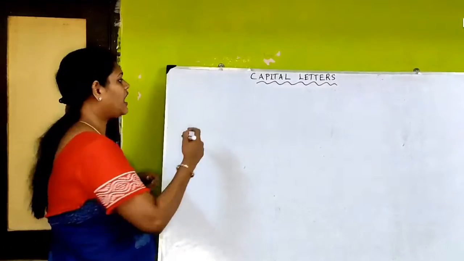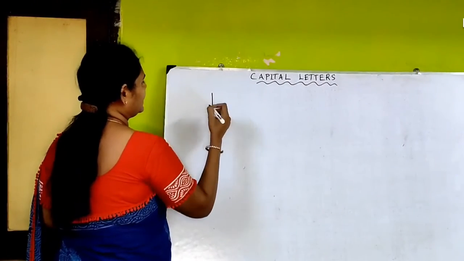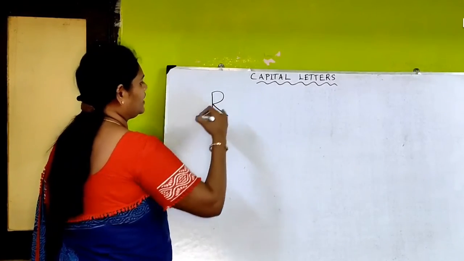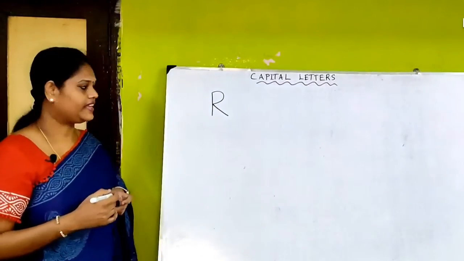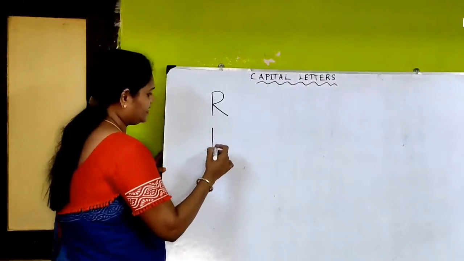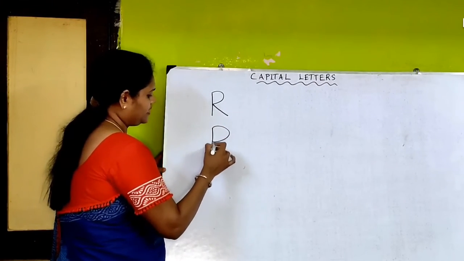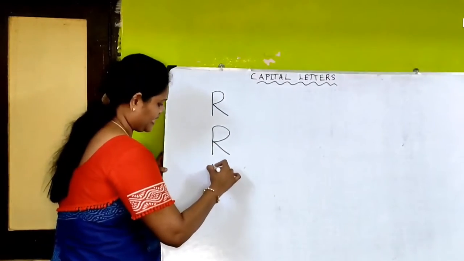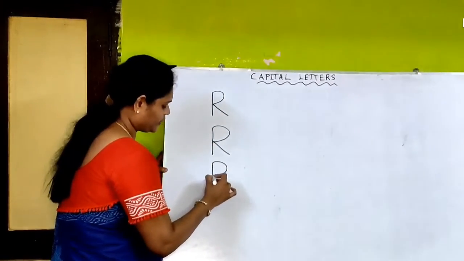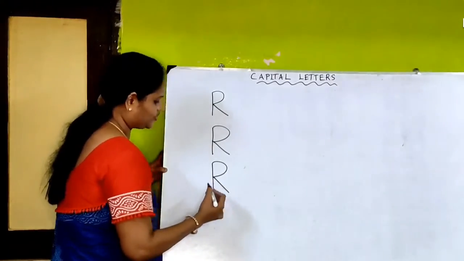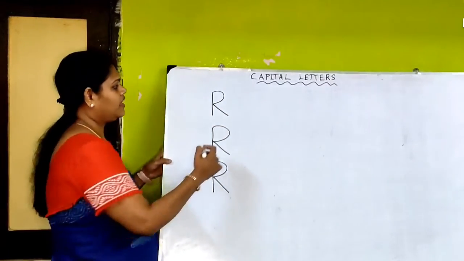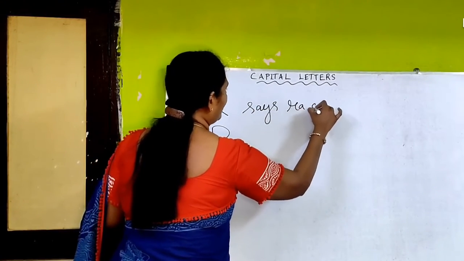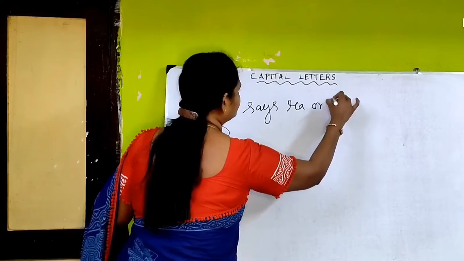Letter is R. Standing line, half circle to your left and slanting line to your right. I repeat, standing line, half circle to the left and slanting line to the right. R says ra or ir.